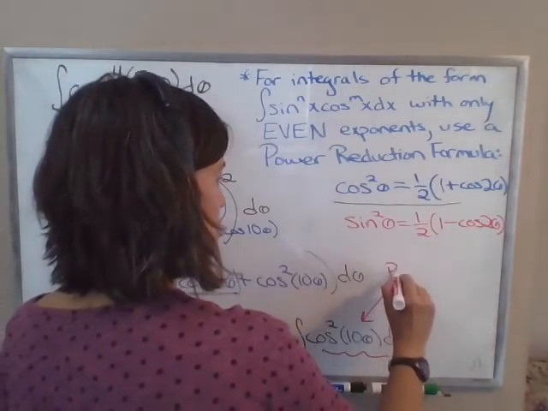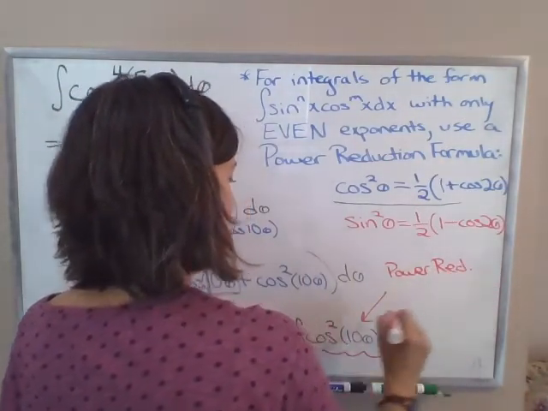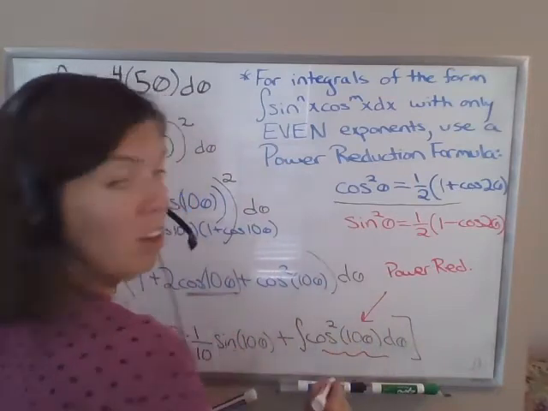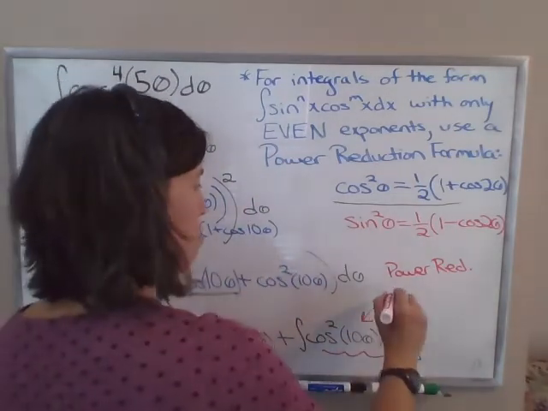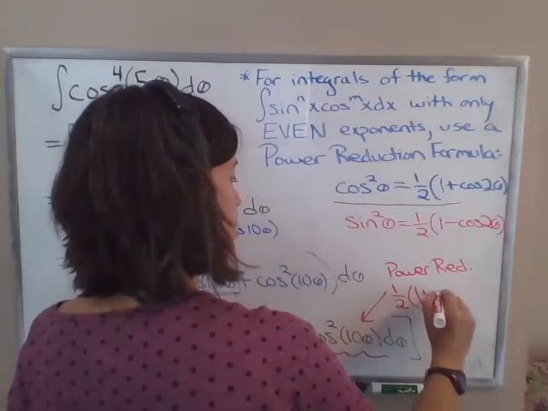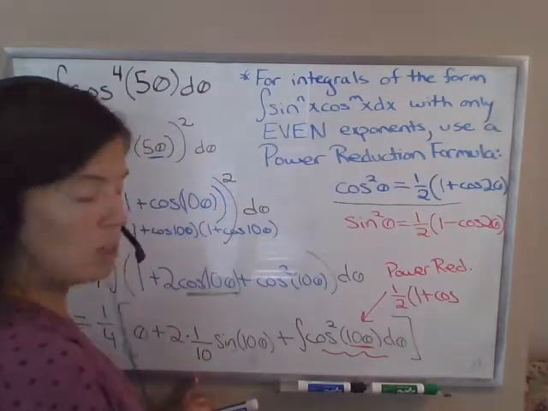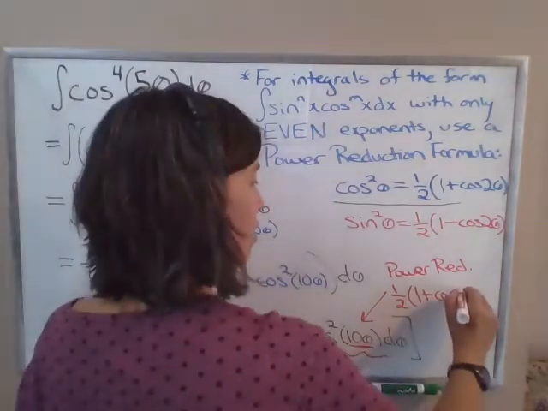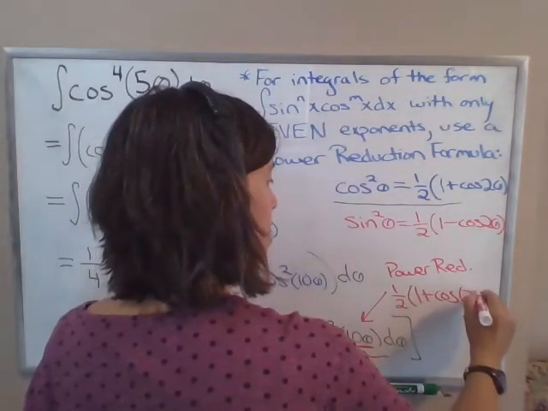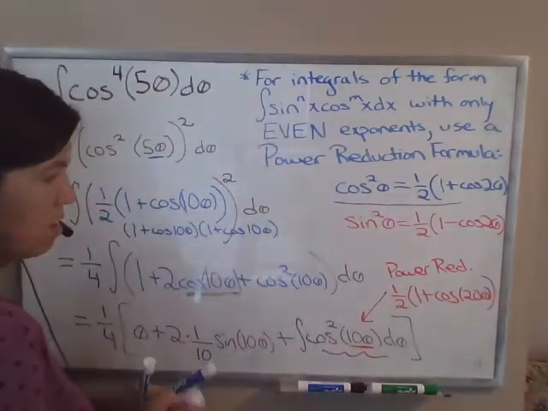We're going to have to use power reduction again. So this cosine squared of 10 theta will get replaced with 1/2 times 1 plus cosine of double the angle. If we're going to apply power reduction again, we have to double the angle again. So cosine of 20 theta. So that's going to get replaced there.